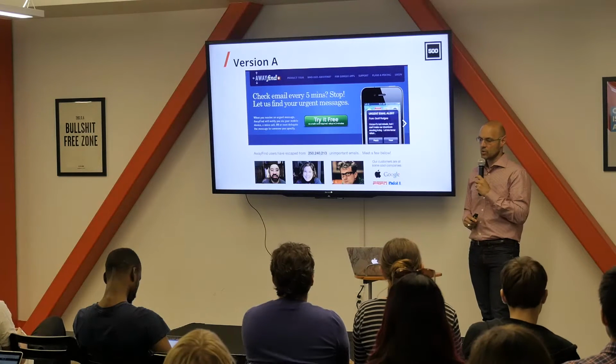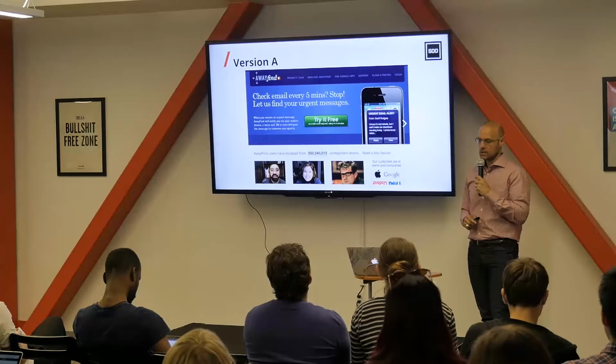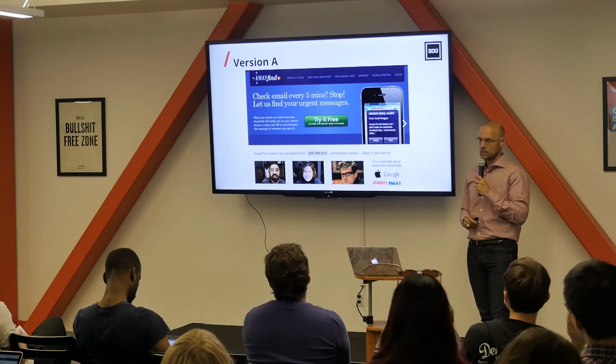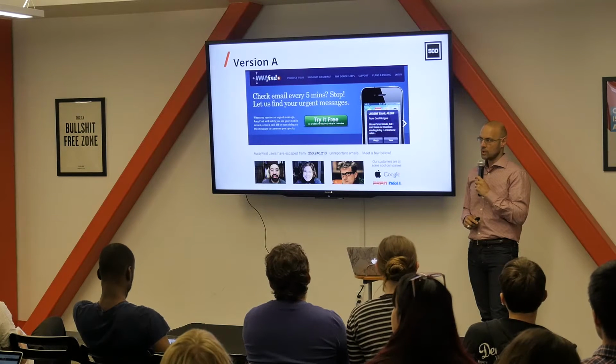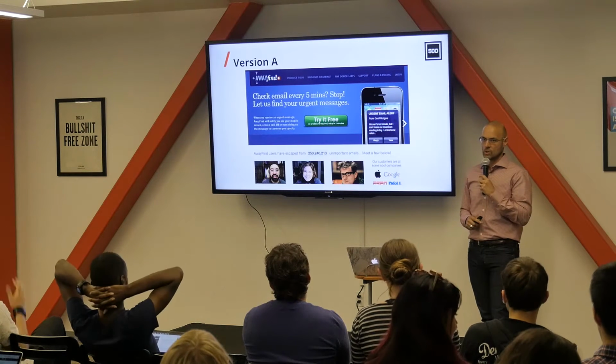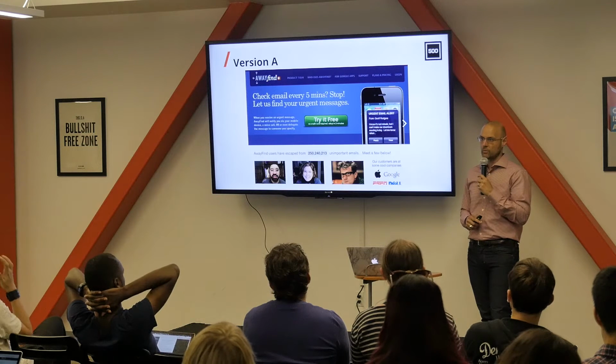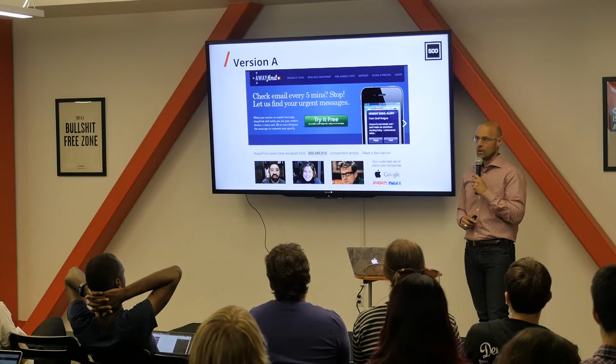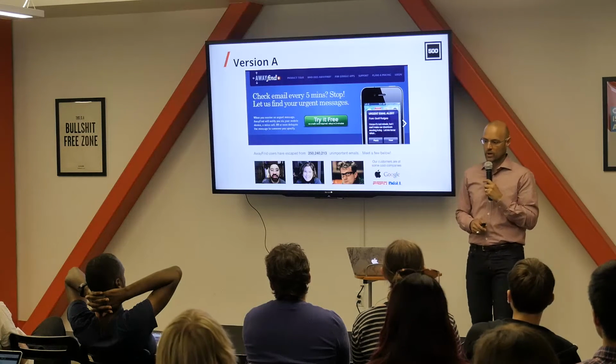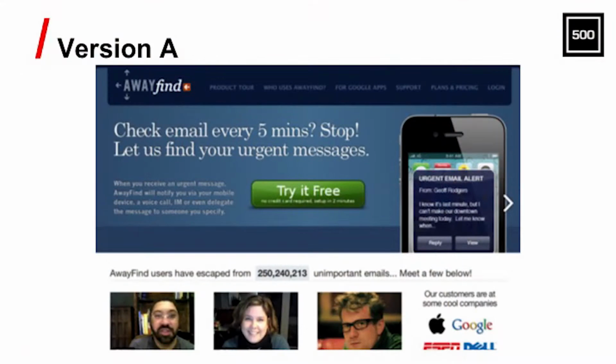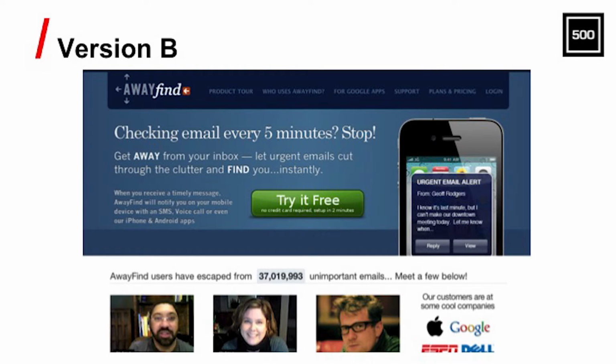Here is a screenshot of a site called Wayfind. So this is an actual A/B test that was run on the site. I'm going to show you the two variants. We'll flip back and forth, and then we're going to see which one you guys all think did better. So this is version A. Take a quick look at it, okay? This is version B. Can you tell the difference?